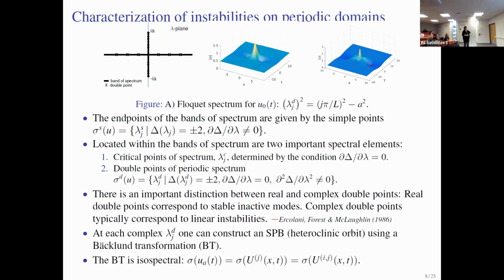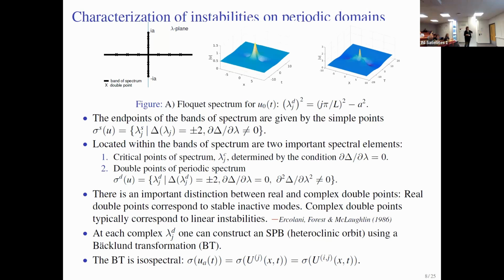And so you see that they're complex only if your amplitude satisfies the condition, which is exactly the condition for the Benjamin-Feir instability. So you have this link between complex double points and the unstable modes. So there's this distinction between real and complex double points. The real double points correspond to stable inactive modes, and the complex double points typically correspond to linear instabilities.